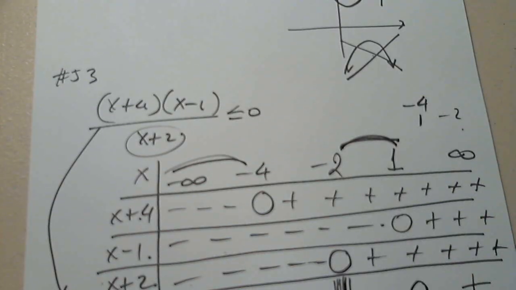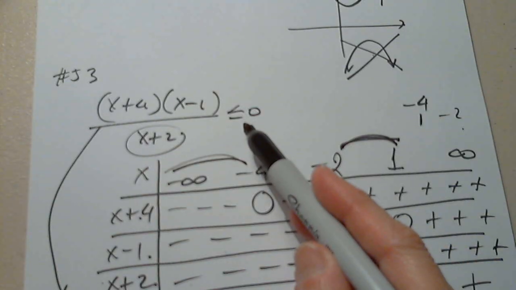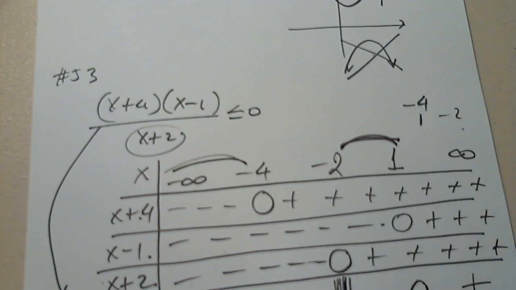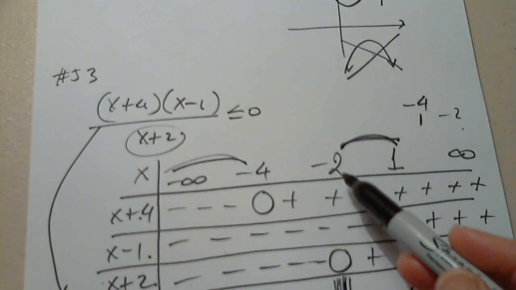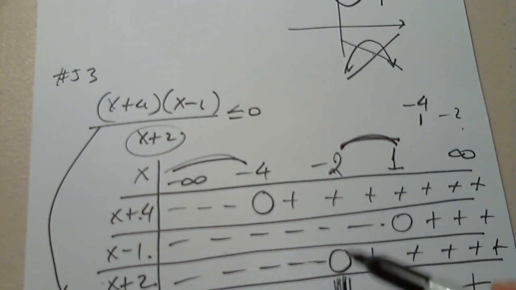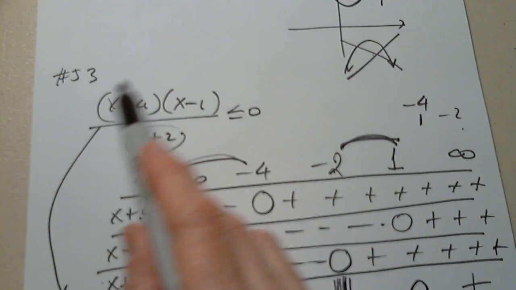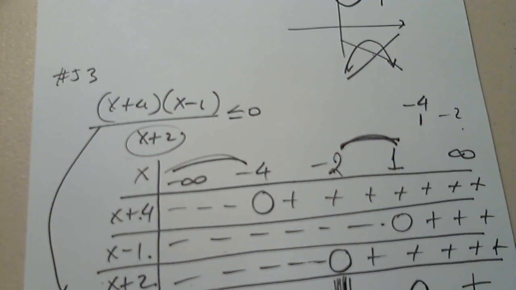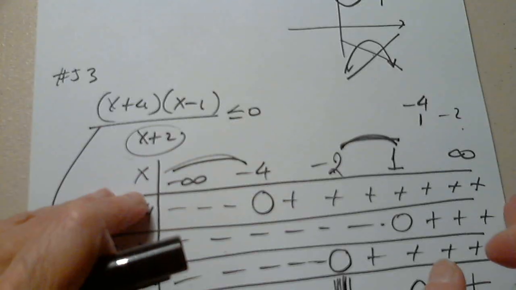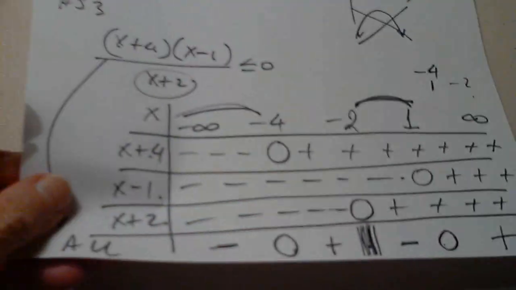But I have to be careful not to include negative 2. I will include negative 4 because the equal symbol is there. I will include 1 because the equal symbol is there. But I cannot include negative 2 because negative 2 makes this undefined. It doesn't exist. So I'm ready to write the final solution.